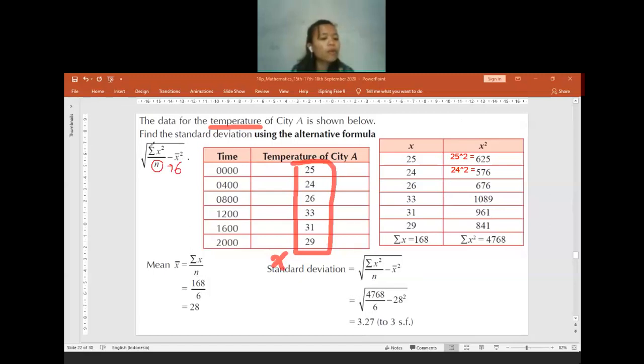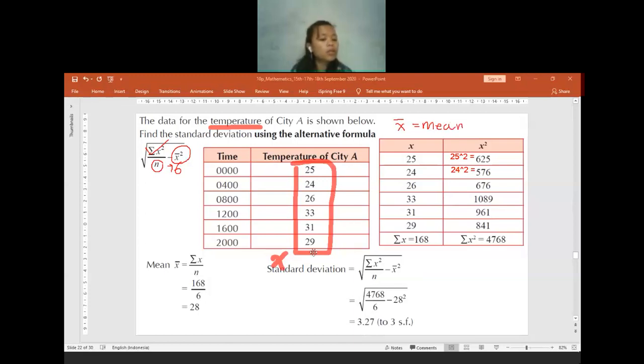So now we already have the value for sigma x square. We already have the value for the n. Now we can find the x bar. X bar in here means the mean. Now we need to find the mean. For finding the mean, yesterday we already learned.